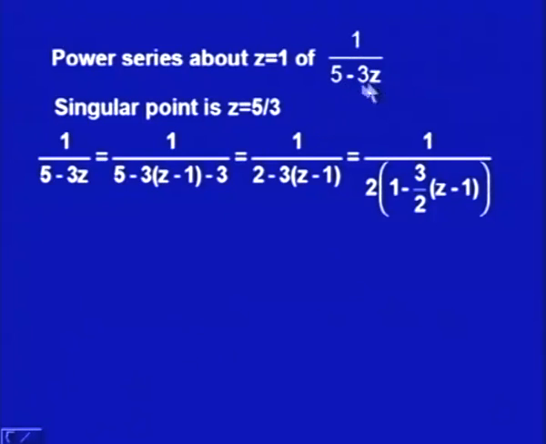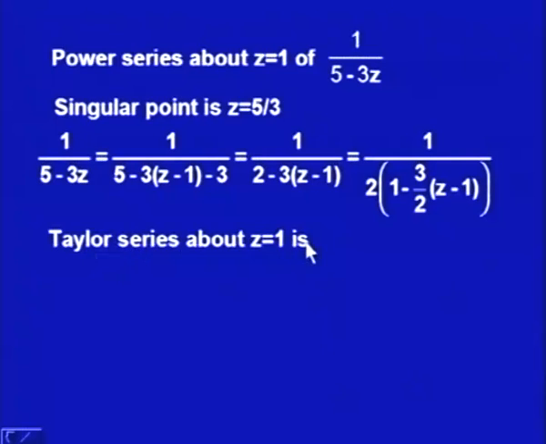To expand this, I write the function 1 upon 5 minus 3z as 1 upon 5 minus 3 into (z minus 1) minus 3; I have added and subtracted 3 here. From here we can write the function as 1 upon 2 minus 3 into (z minus 1), or if I take 2 outside then it is 1 upon 2 into (1 minus 3 by 2 into (z minus 1)).